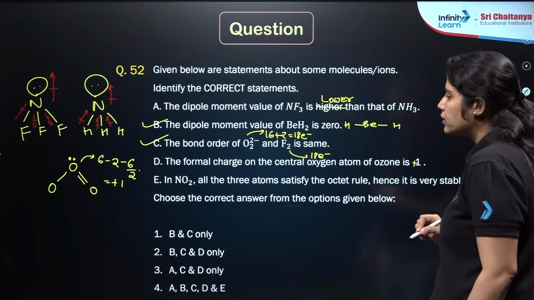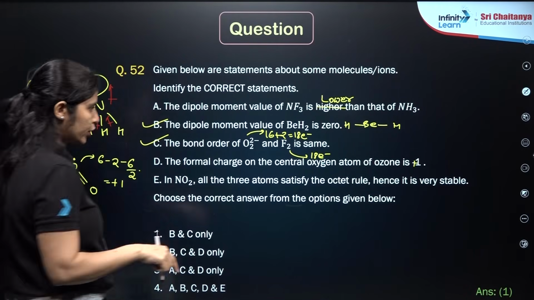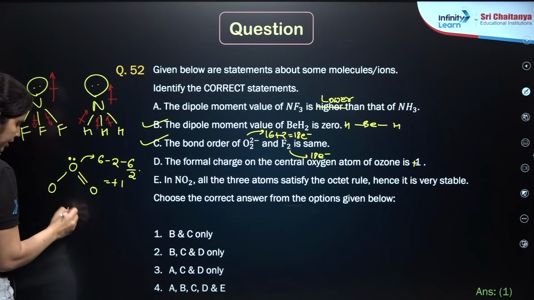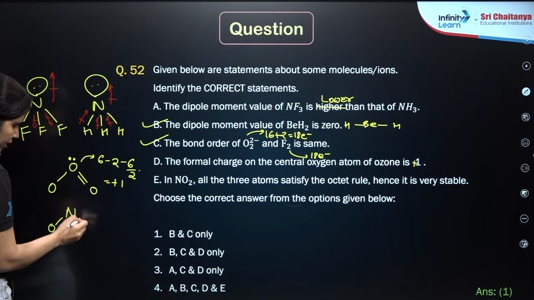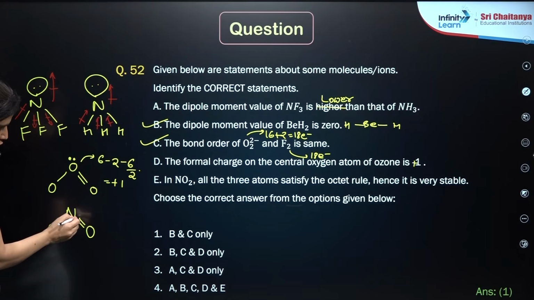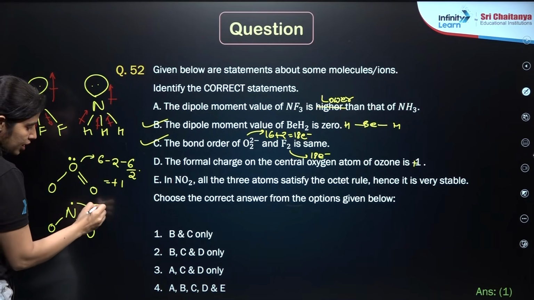Next is, in NO2, all the 3 atoms satisfy the octet rule, hence it is very stable. Do all the 3 atoms satisfy the octet rule? If you look at the NO2 structure, again it's very similar to ozone itself. The nitrogen over here has, as you can see, 1, 2, 3, 4, 5, 6 and one lone pair of electrons is present over here. So it has 7 electrons.